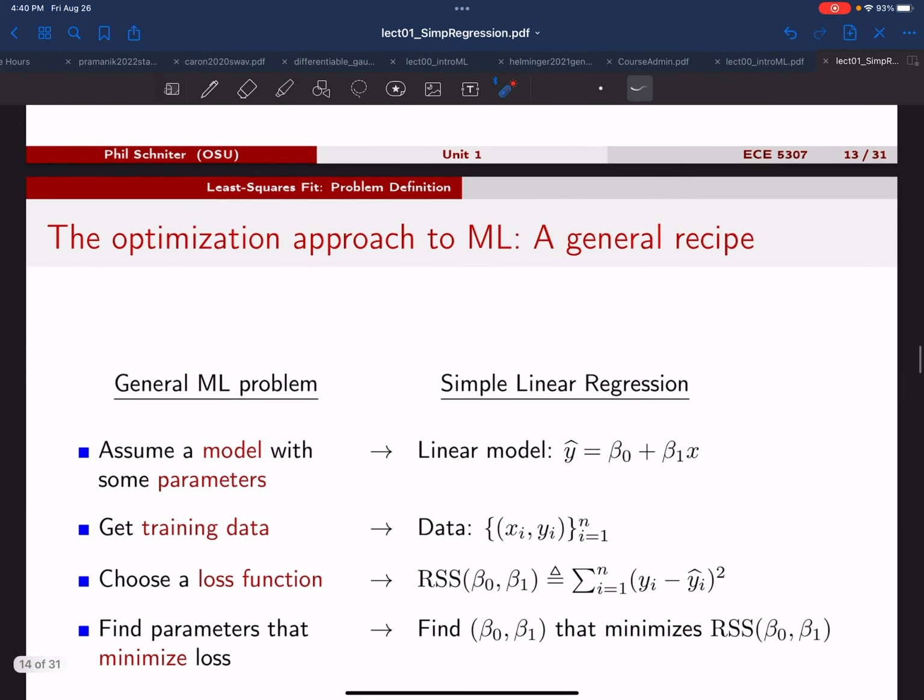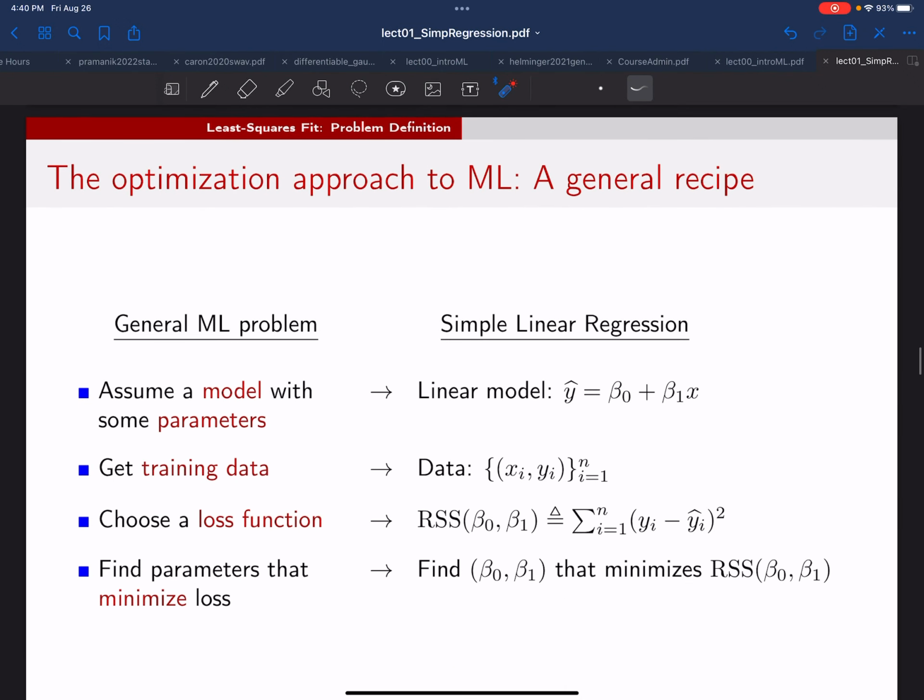Okay, so what we've uncovered is really a very general recipe, and it applies much, much more widely in machine learning. It goes like this. We start by assuming a model with some parameters. In this case, we're assuming that our data follows a linear model, and our parameters would be beta 0, beta 1.